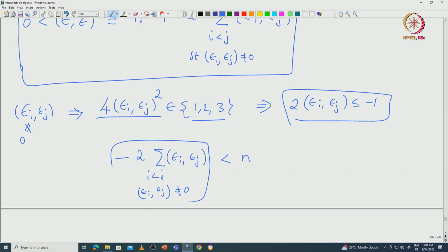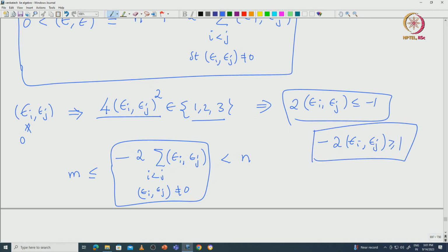But this term has to be bigger than m, because twice epsilon i, epsilon j is less than or equal to minus 1. That means minus twice epsilon i, epsilon j is greater than or equal to 1. So, for each pair i j such that epsilon i, epsilon j is non-zero, you get that this number is greater than or equal to 1.